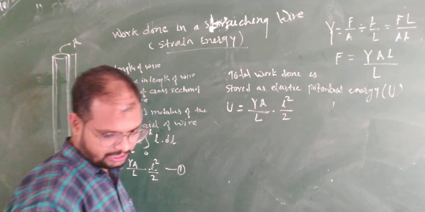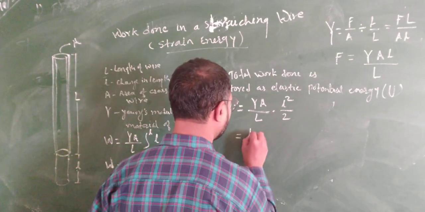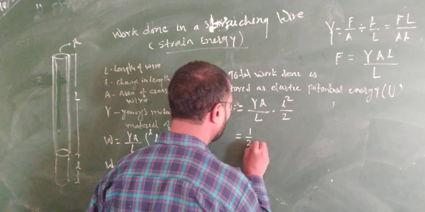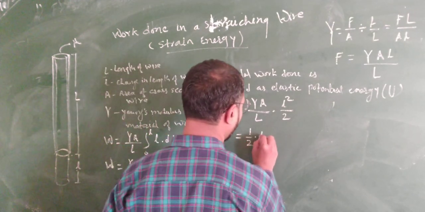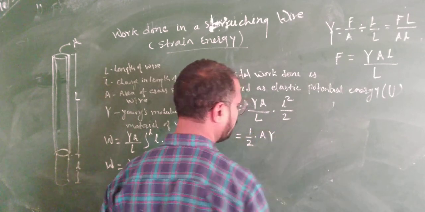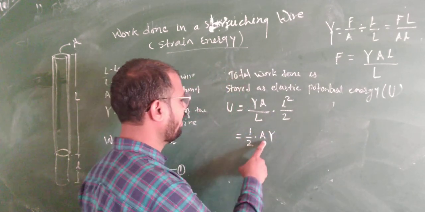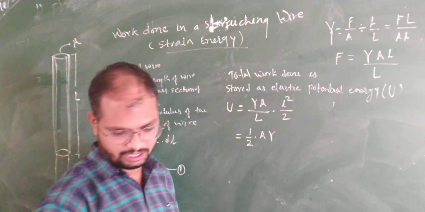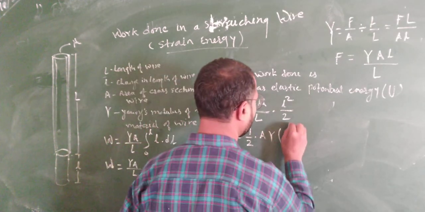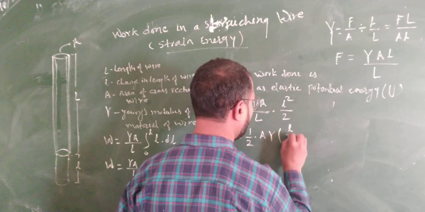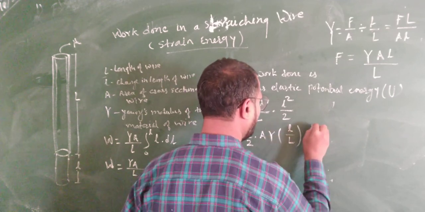So this equation can be written as 1 by 2 into A into Y, where A is the area of cross section of the wire and Y is the Young's modulus, into small l upon capital L into l.